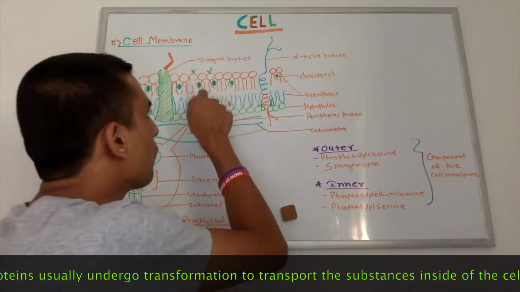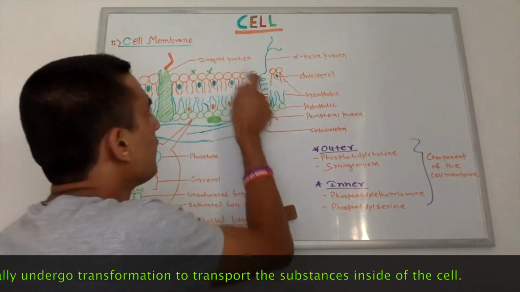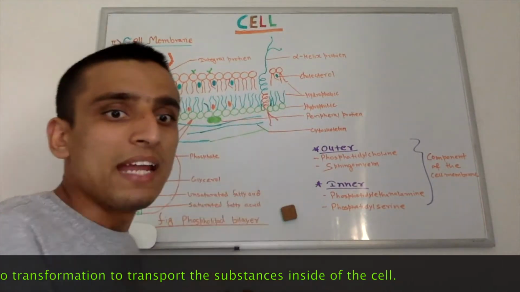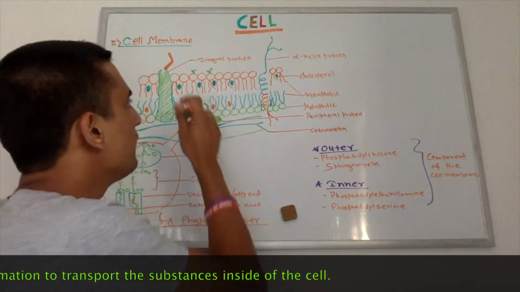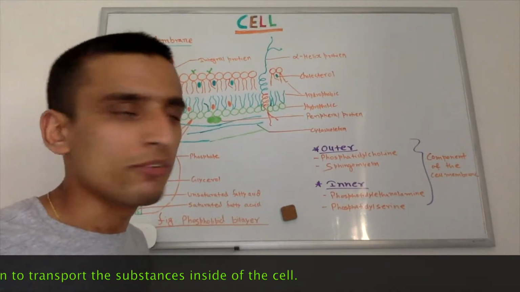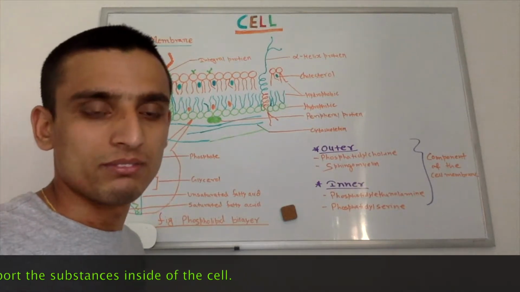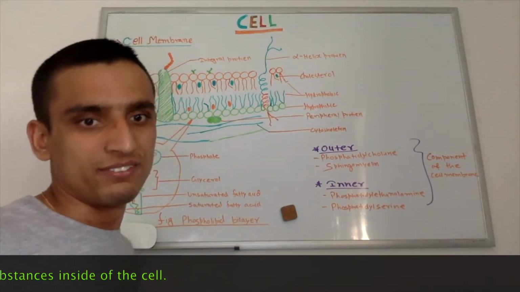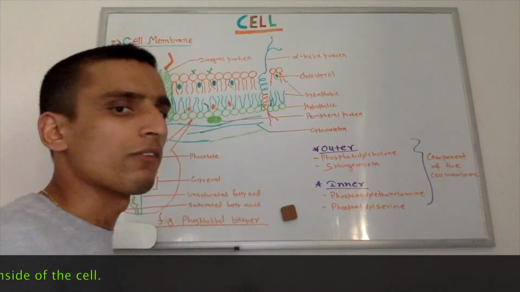Cholesterol, usually at a moderate temperature, makes this layer of the phospholipid bilayer less fluid. When the temperature is low, what will happen? It hinders the solidification. That's the main important function of cholesterol right there.